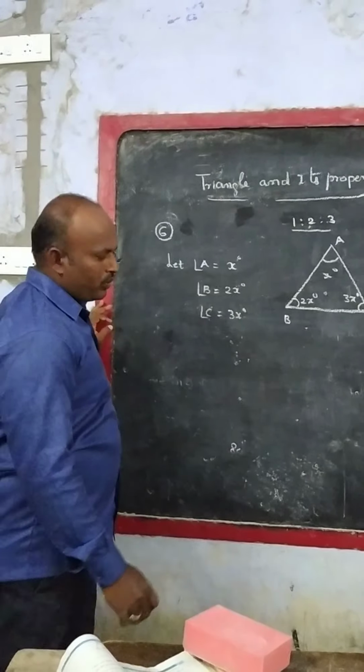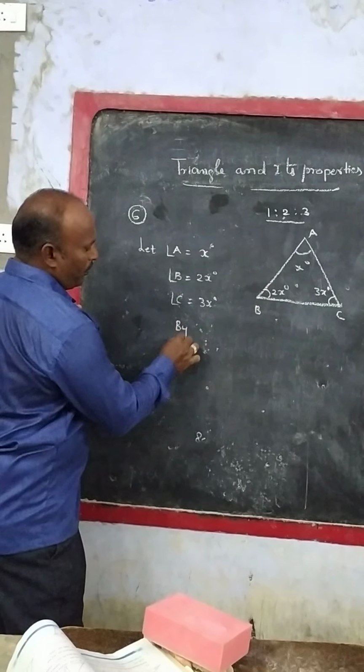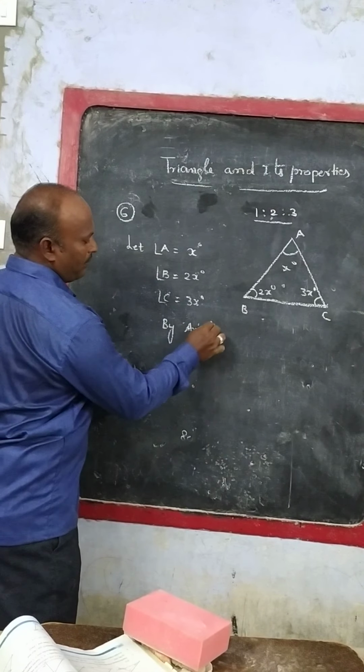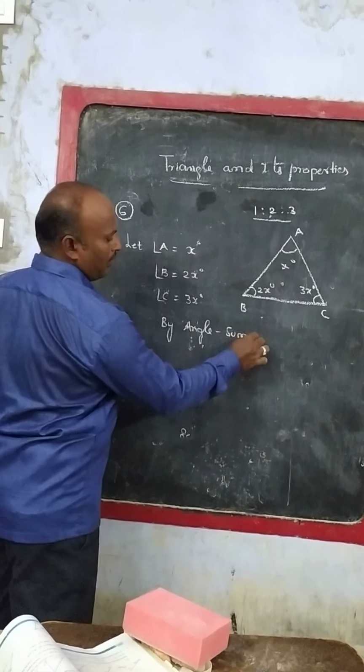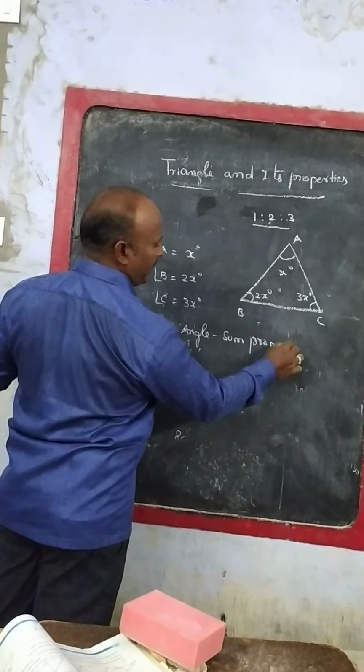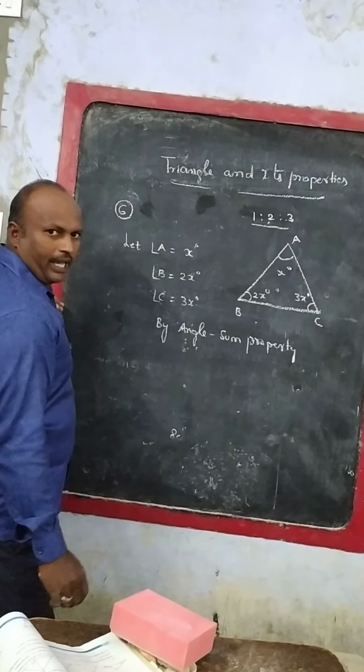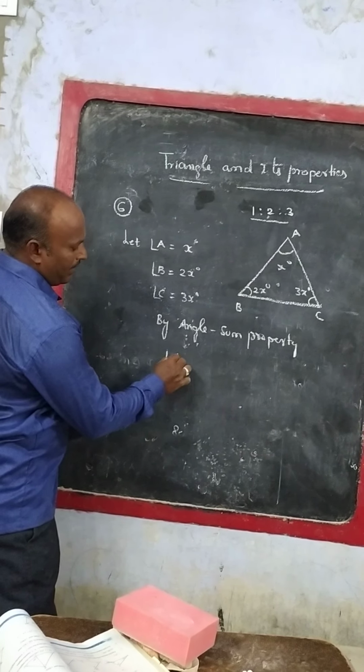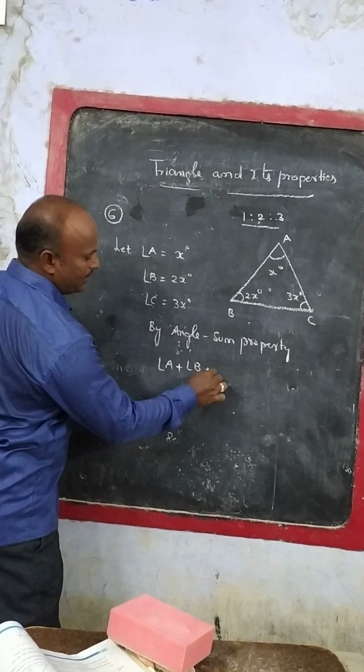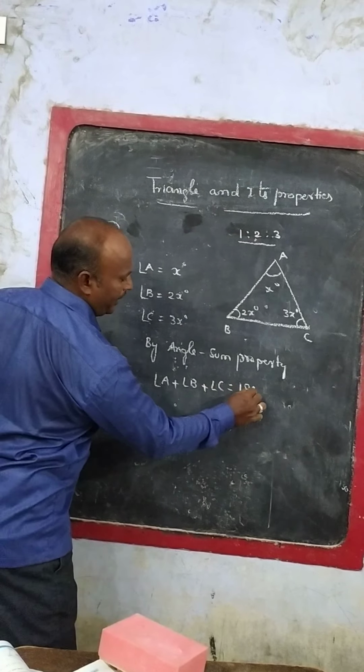By again using the angle sum property, the sum of three angles in a triangle is 180. That means angle A plus angle B plus angle C is equal to 180 degrees.